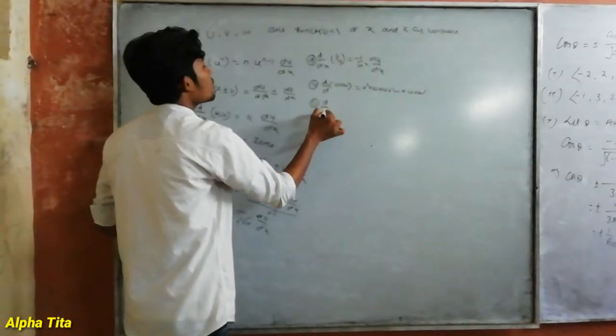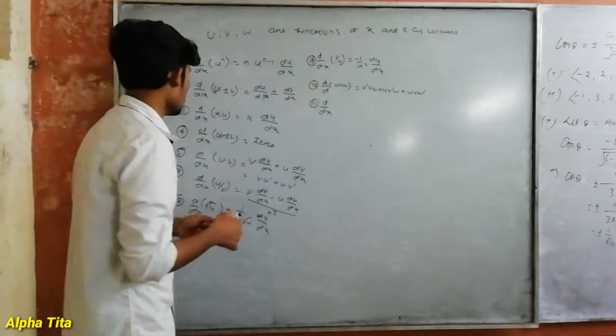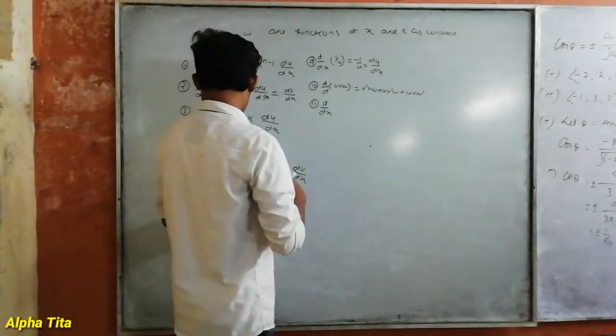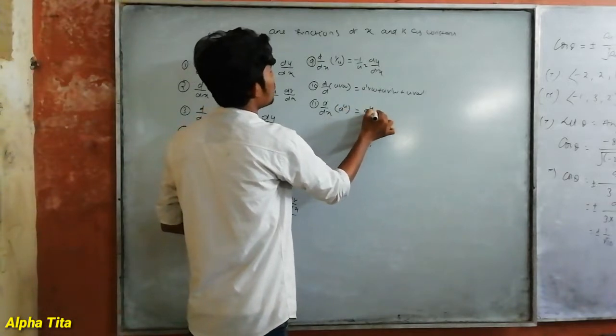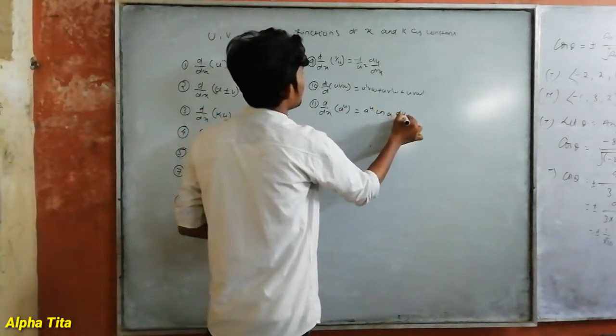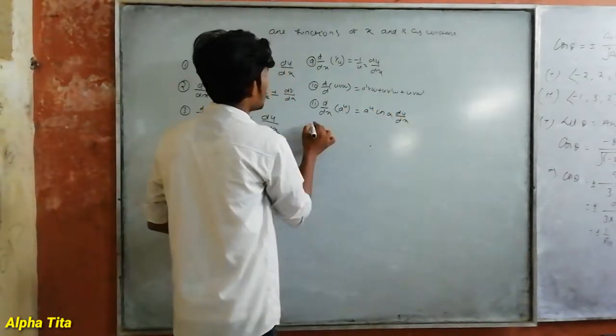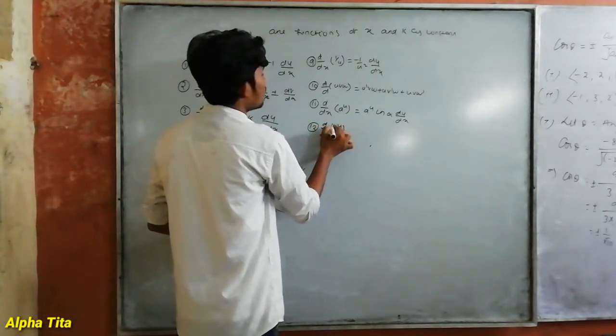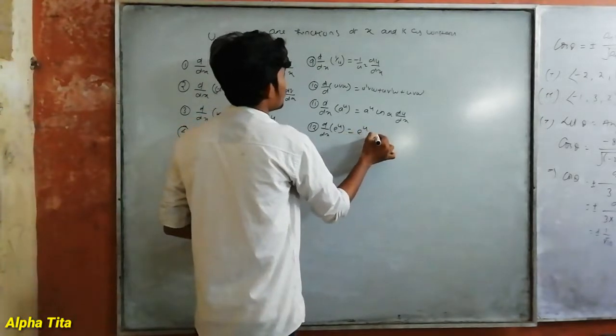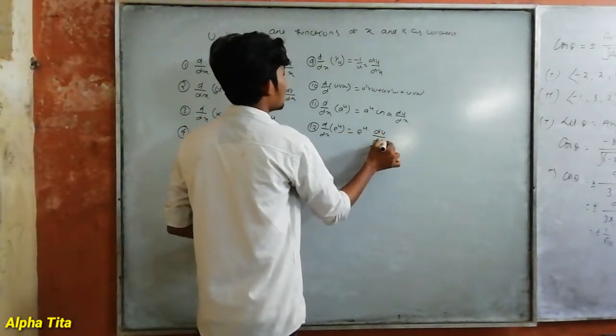Next formula: d by dx of a to the power u gives a to the power u ln a du by dx. d by dx of e to the power u is e to the power u du by dx.